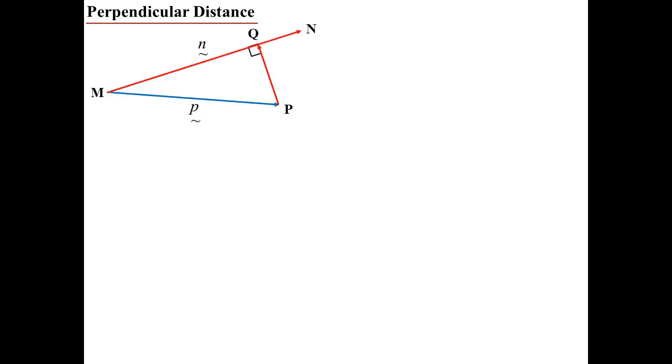So here's a diagram. We're going to find the distance from P to the line or the vector MN. So the vector MQ will end up being the projection of the vector MP onto MN. Now MQ, another way I could do that, would be the vector MP plus the vector PQ.